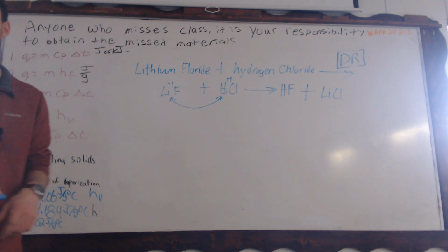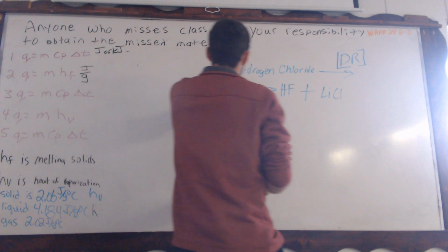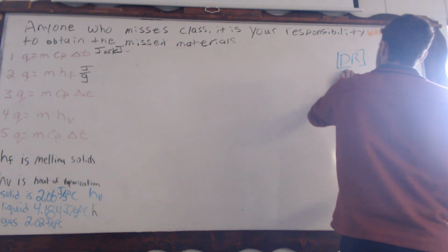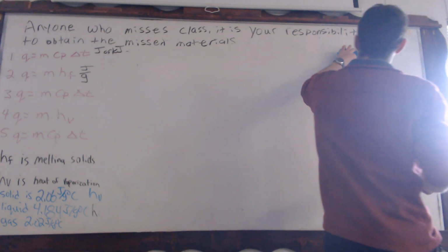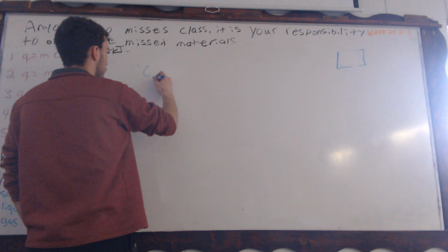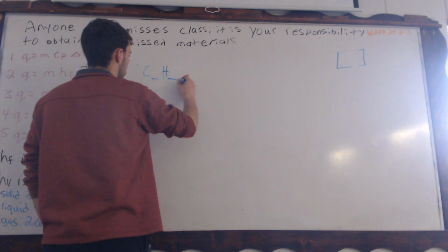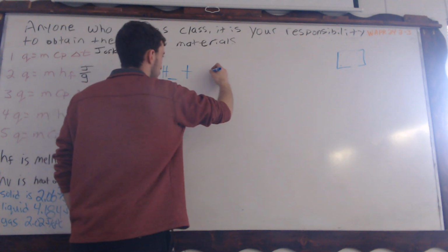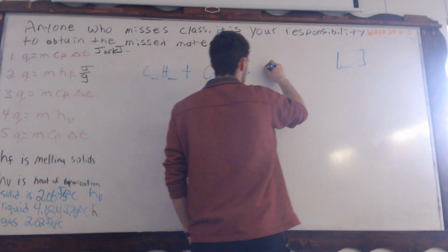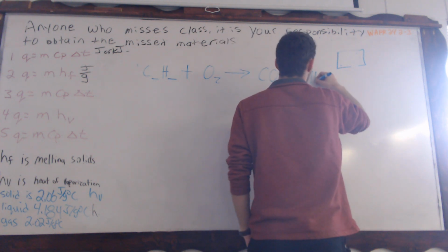Okay. Moving on. Last one. In this class, if you ever see a C, doesn't matter what's there, followed by an H, doesn't matter what's there, plus O2 equals CO2 plus H2O.